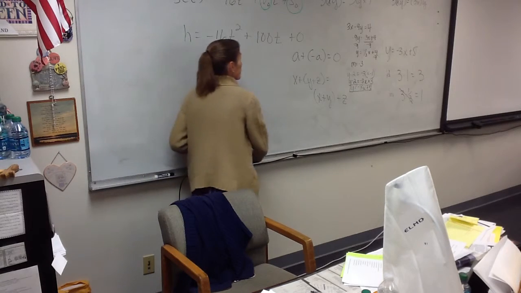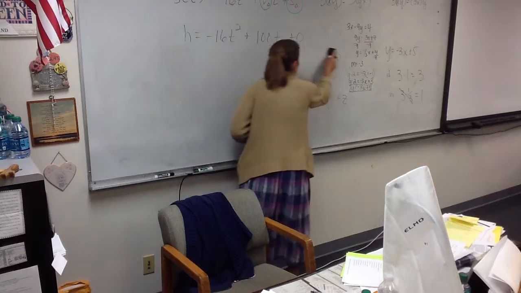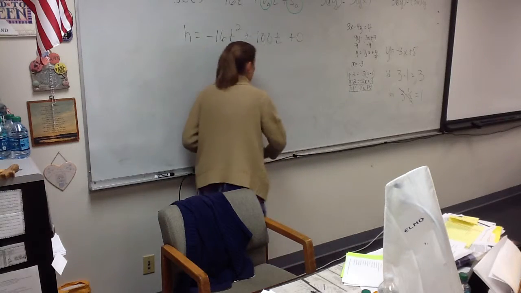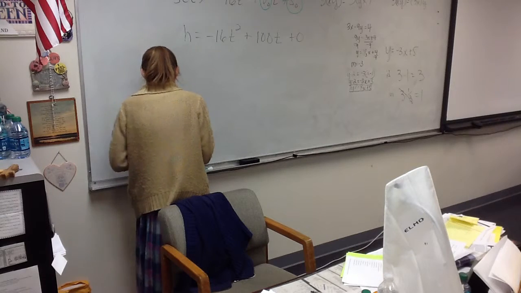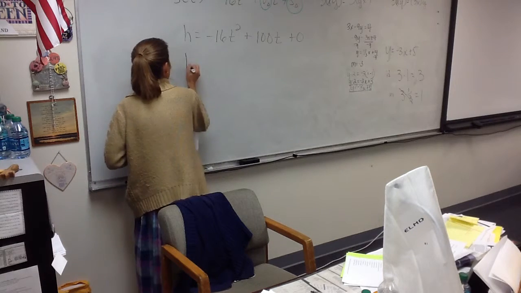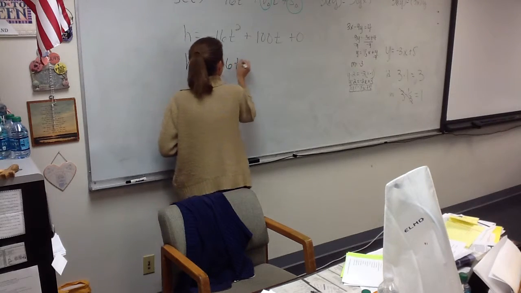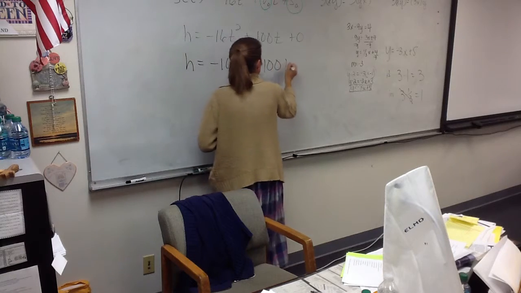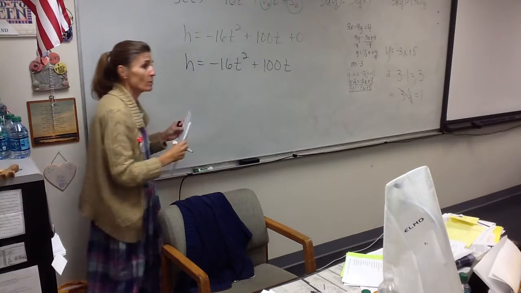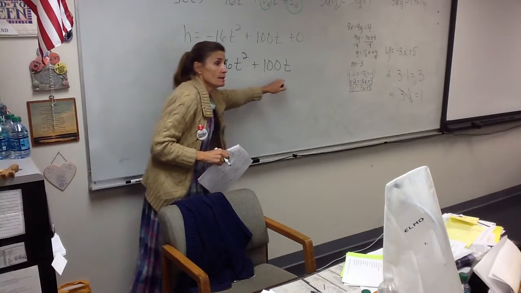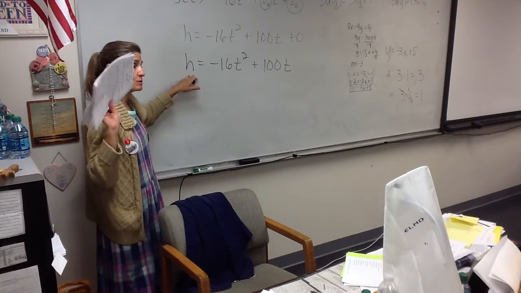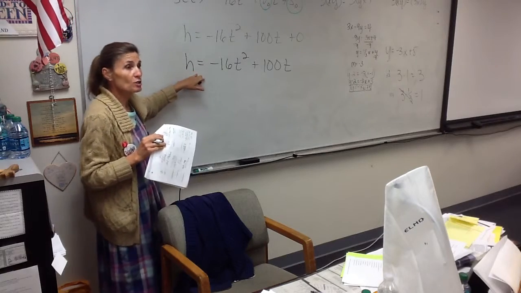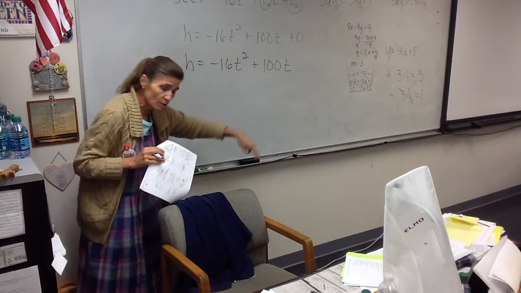It is starting on the ground. So its initial height is 0. So I'm going to go ahead and rewrite my equation. I do not like to have that plus 0 on the end. It confuses me. So I'm just going to write my equation like this. Is that okay with everybody? This is the answer to A. This is the equation we're going to use to solve all the rest of the problems.